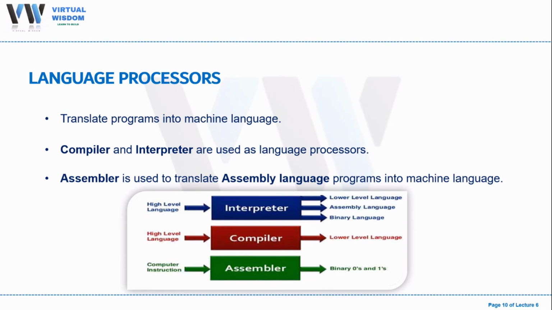Both performs almost same functionality. Basic function of both language processors is to translate low-level language into machine language so that it is understood by the computer. Also, a program called assembler is also used, which translates assembly language into machine language.